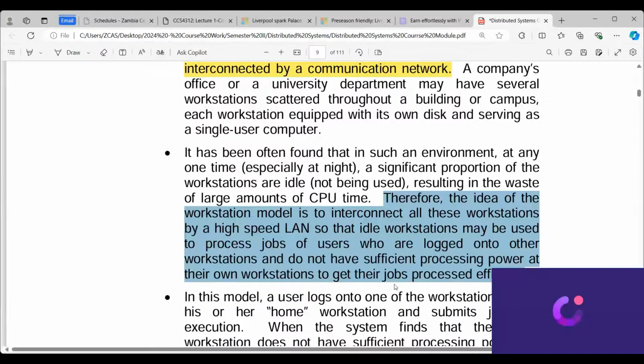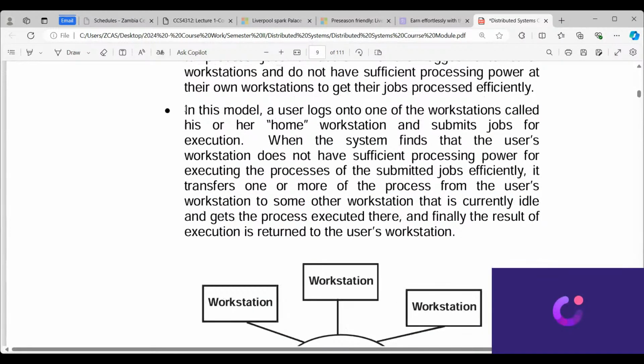Okay, it's important to note that in this model, a user logs on to one of the workstations, called his or her workstation, and submits jobs for execution. Okay, so this is what happens.